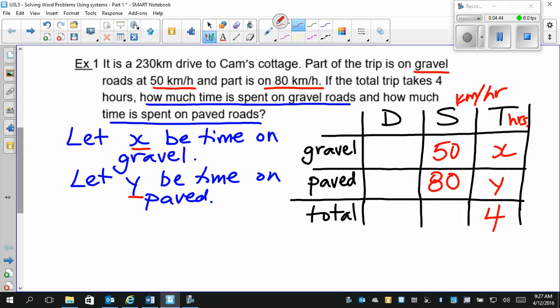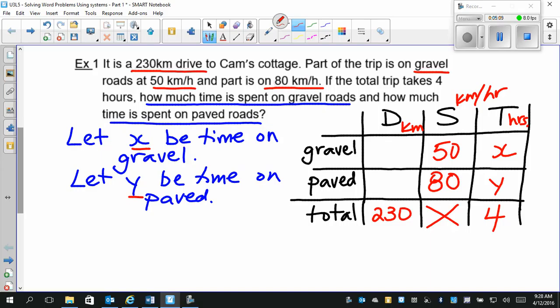We don't worry about a total speed ever. And the blanks here, I can fill in the total distance. That's in kilometers. The total distance is 230. So the formula is what I need to use to figure out what goes in these other two spots.